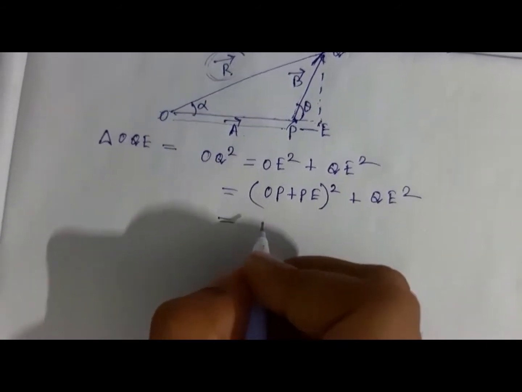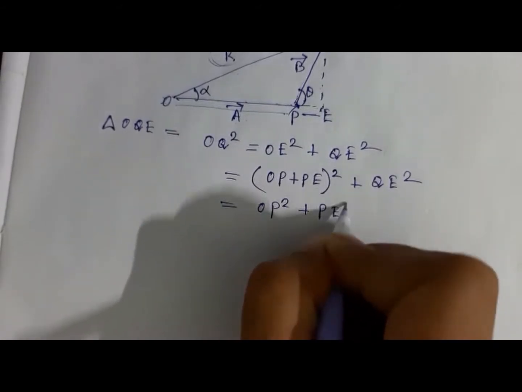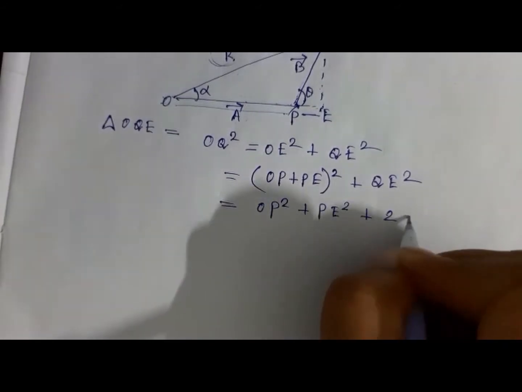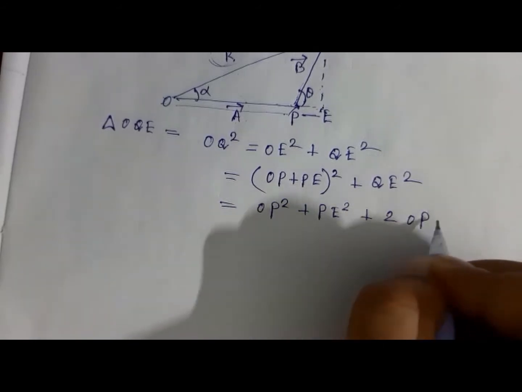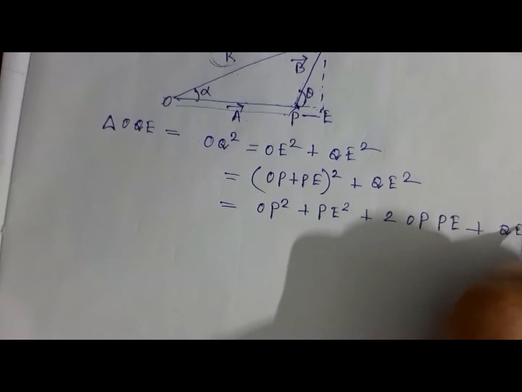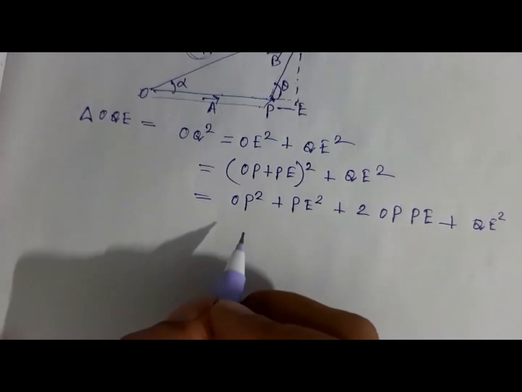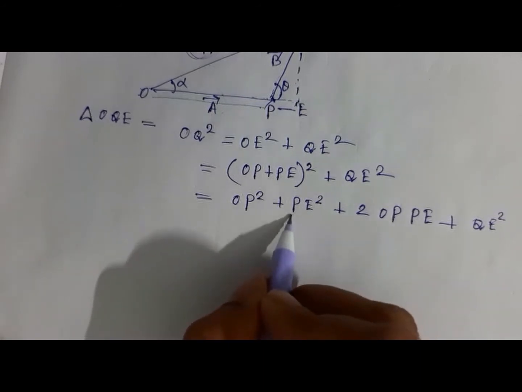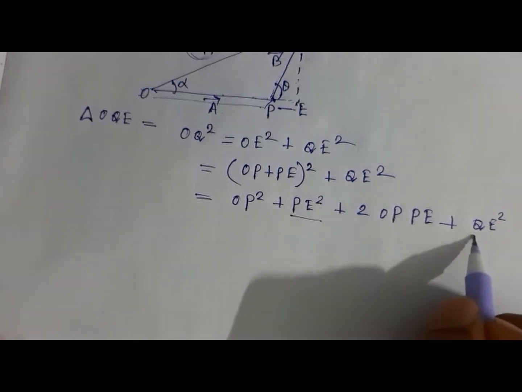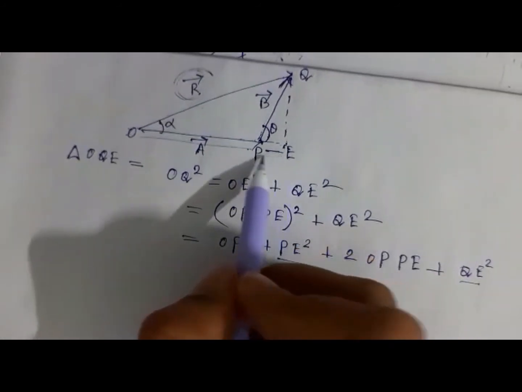Now break this. Your PE and QE, see in this diagram.